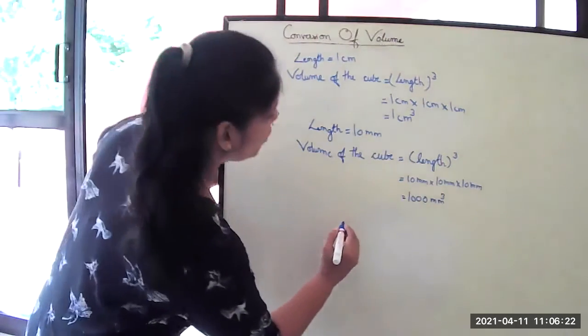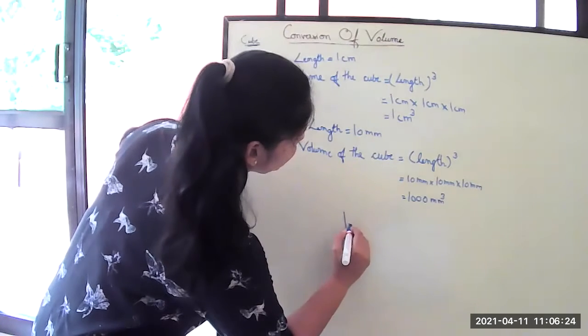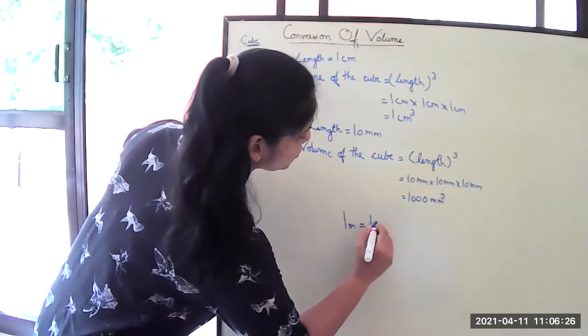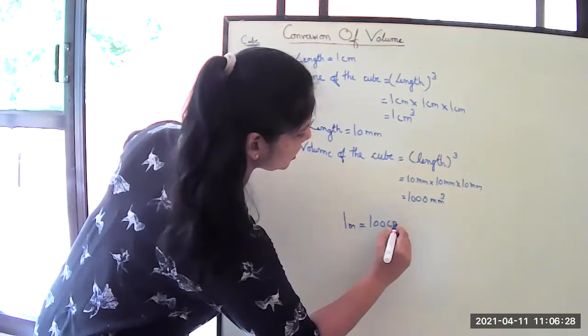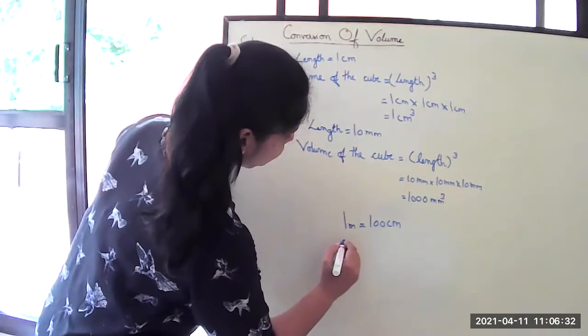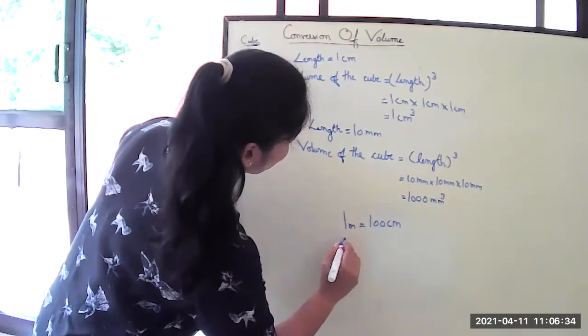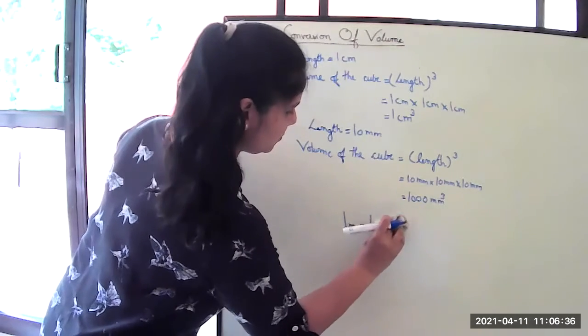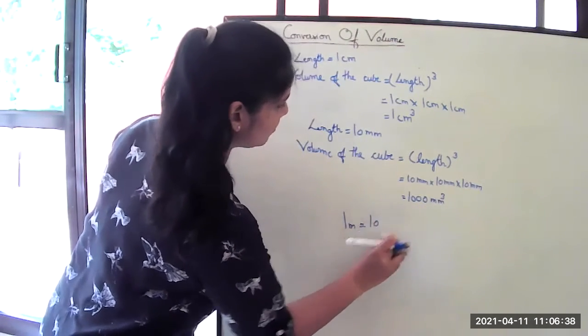Okay. So 1 meter is equal to 100 centimeter, and it's not centimeter, we are dealing with millimeter.